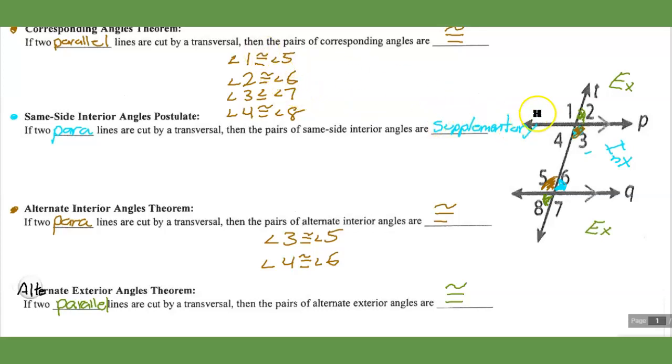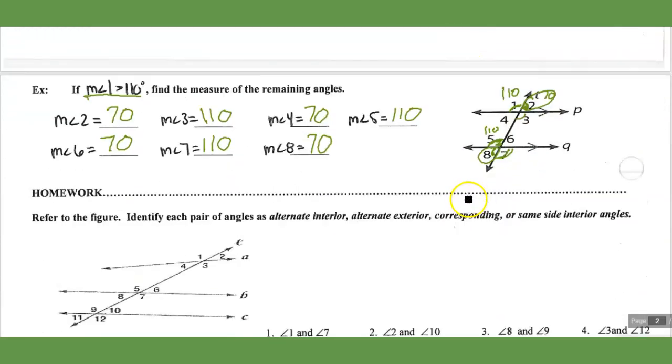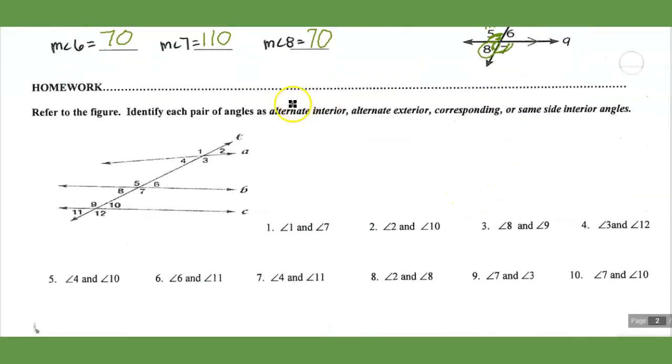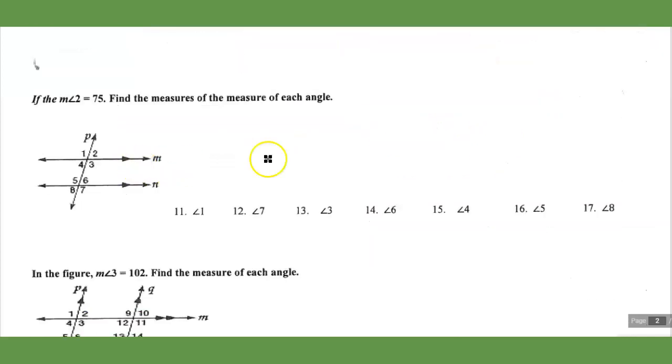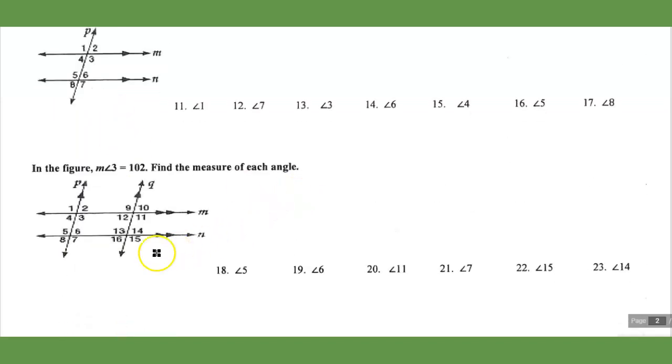We have to know all these different types of angles really fast, and we have to know what their relationship is as well. So go ahead and work on the rest of this. Go ahead and label each one by name to say what it is, and then also find the measure of all the different angles here. All right, good luck.